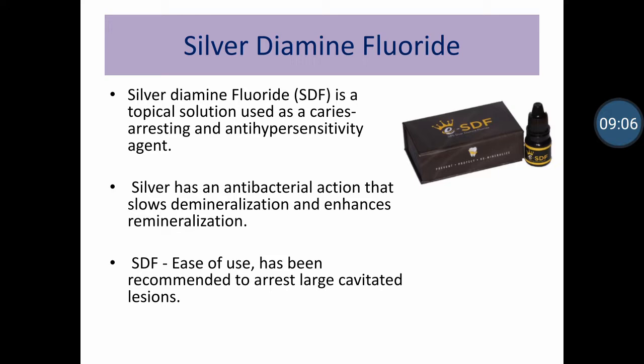It has antibacterial action, slows demineralization and enhances remineralization. The advantage of silver diamine fluoride, or SDF, is ease of application, and it is recommended for large cavitated lesions, so that we can conserve the tooth structure instead of further mechanical preparation of the cavity.